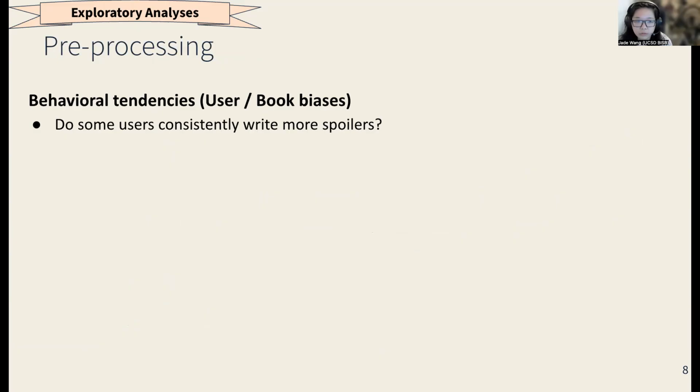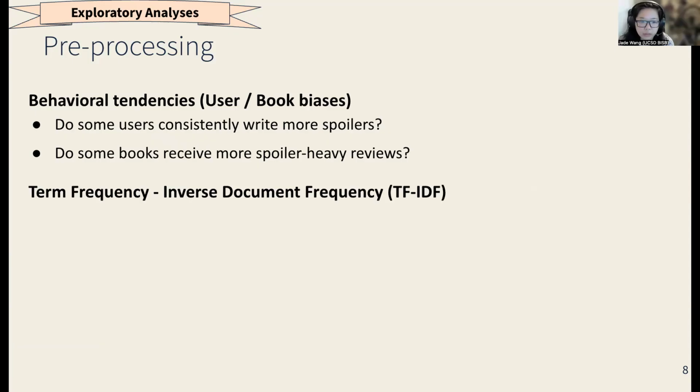To account for some behavioral tendencies by the users, we want to account for that in our model. So we tallied up spoilers per user and also spoilers per book. Then we also looked at term frequency, inverse document frequency, TF-IDF, to weigh the importance of words in each sentence.